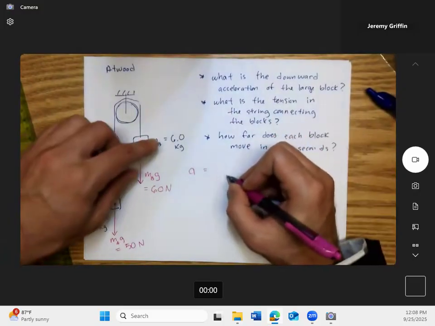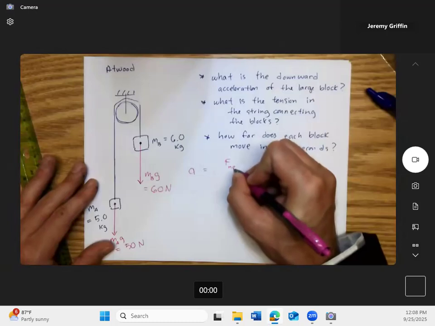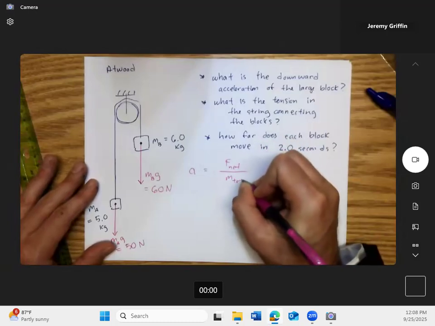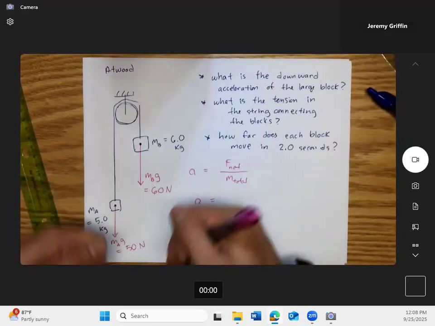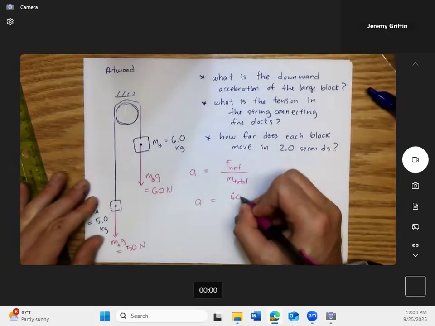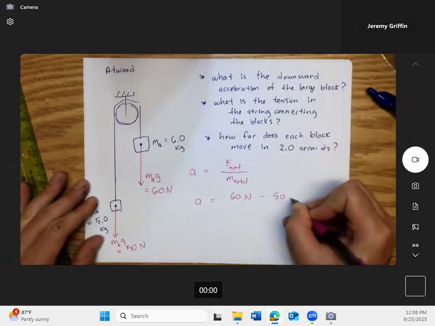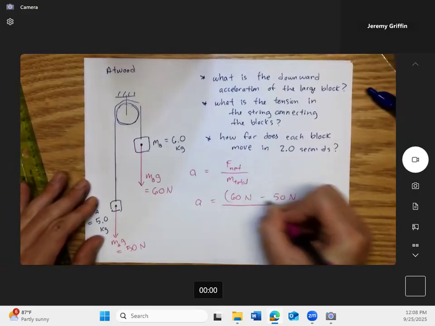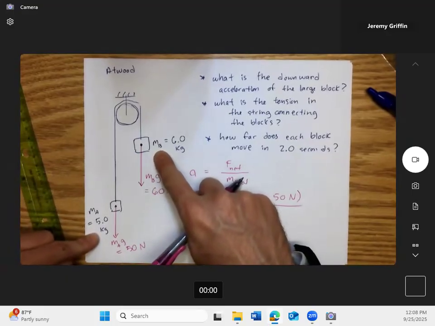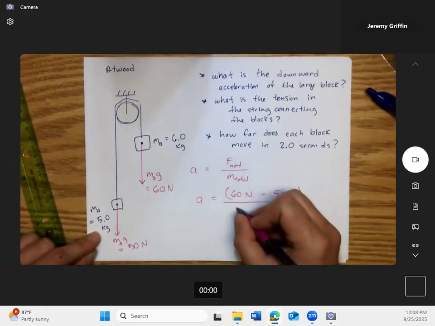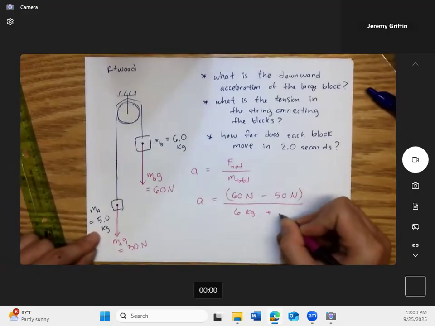So can I say here, F net on M total? So acceleration is, guys, what's the net force? Tug of war style. 60 minus 50? 10 newtons. Acting on how much mass? How many kilograms being moved around? 11. Aha.